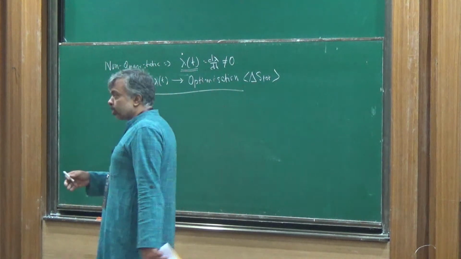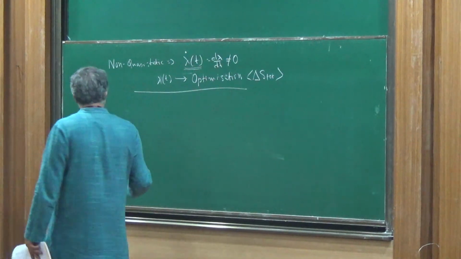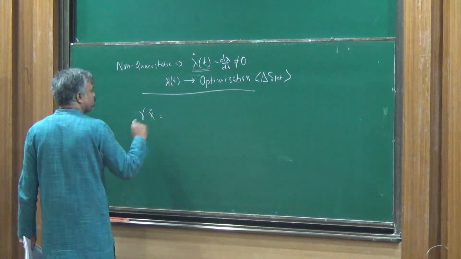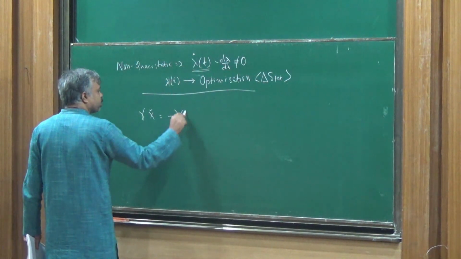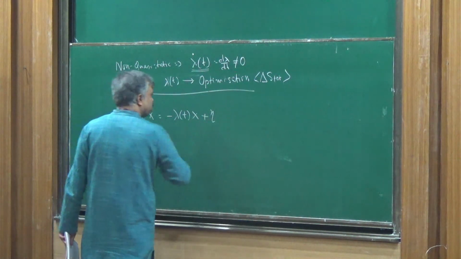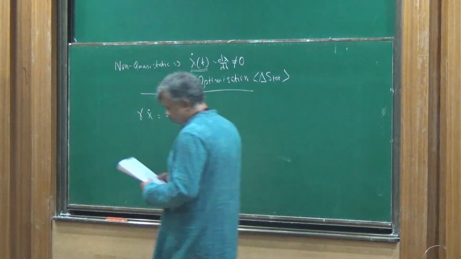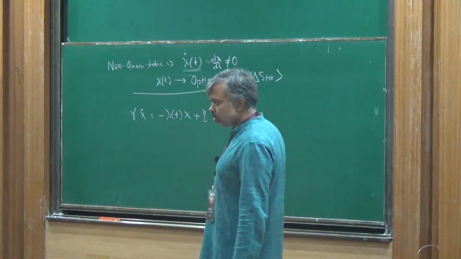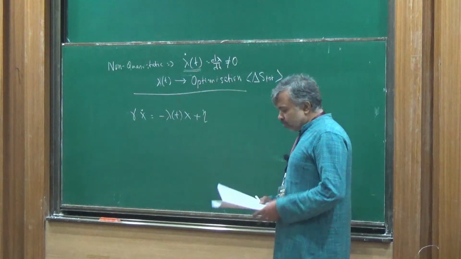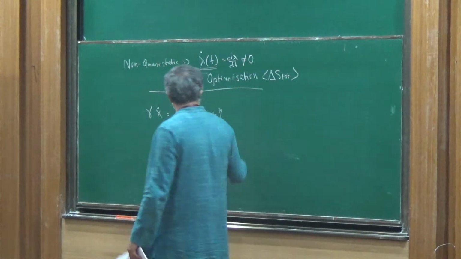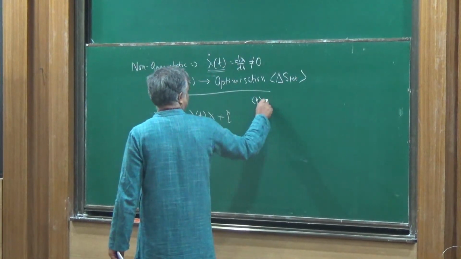As far as we consider the harmonic potential, gamma x dot minus lambda t x plus noise. By now I guess you know everything of this equation, which is from day one. So this is standard.